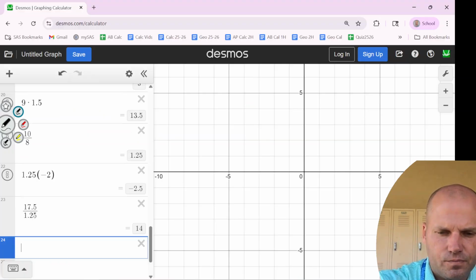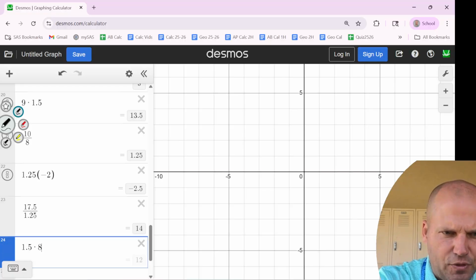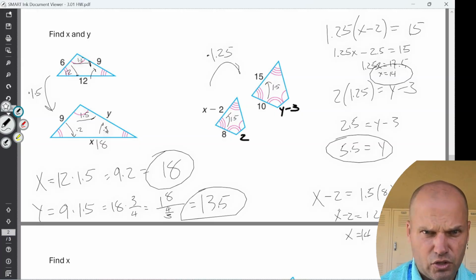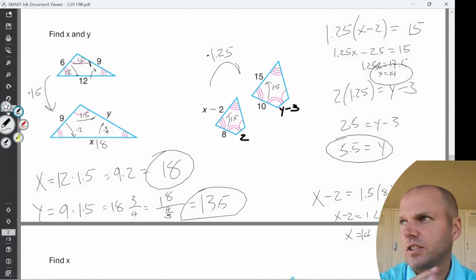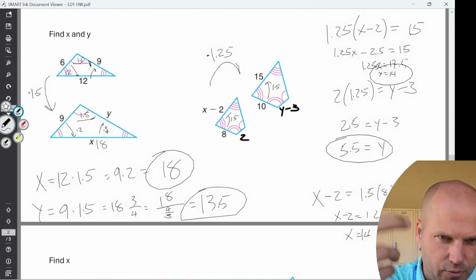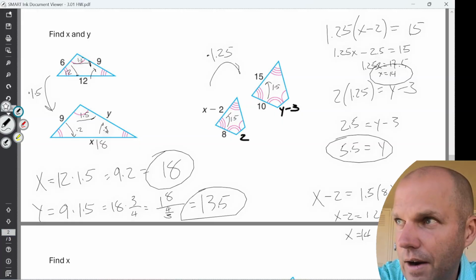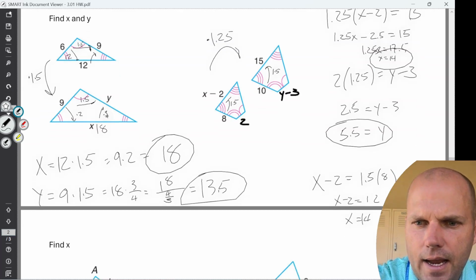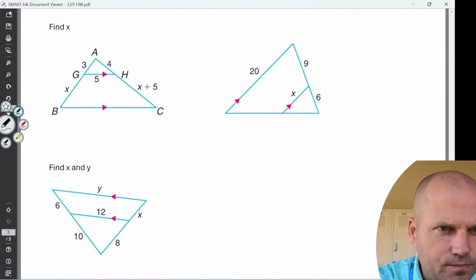You don't have to do the same things. And you get x minus 2 equals 12. x equals 14. So just like you can look at relative sizes within the object, or you can look at the relative size comparing the two objects. Cool. Everything has to be proportional. And you could have done that with y as well.